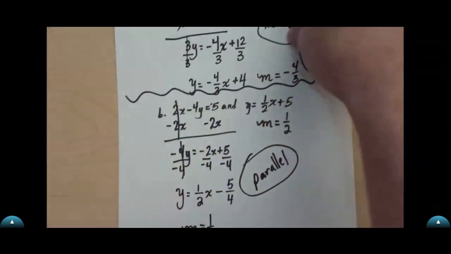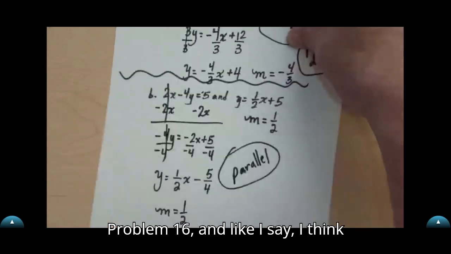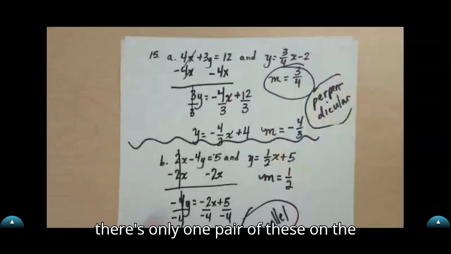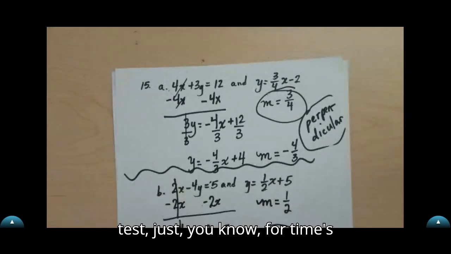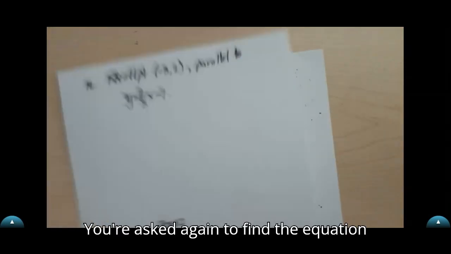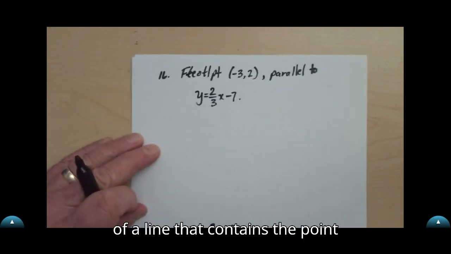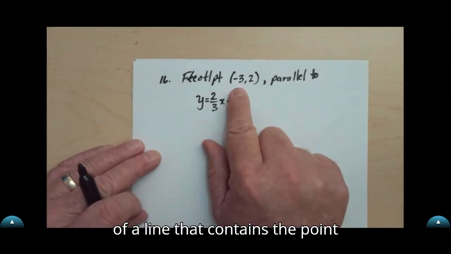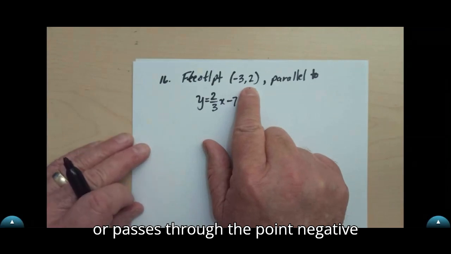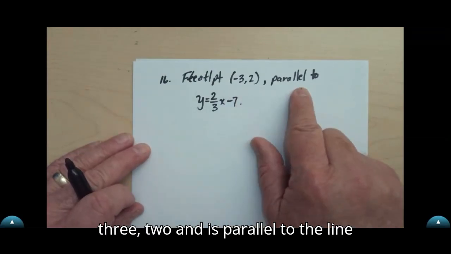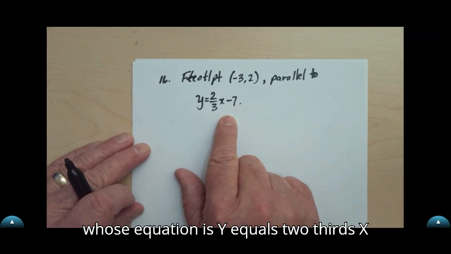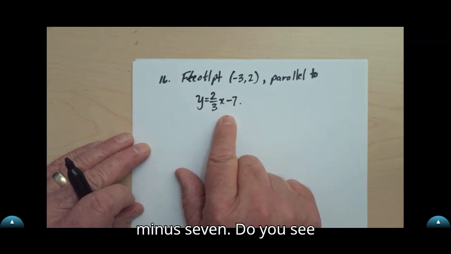Okay, problem 16, also, and like I say, I think there's only one pair of these on the test, just for time's sake. Problem 16, you're asked again to find the equation of a line that contains the point, or passes through the point, negative 3, 2, and is parallel to the line whose equation is y equals 2/3 x minus 7.